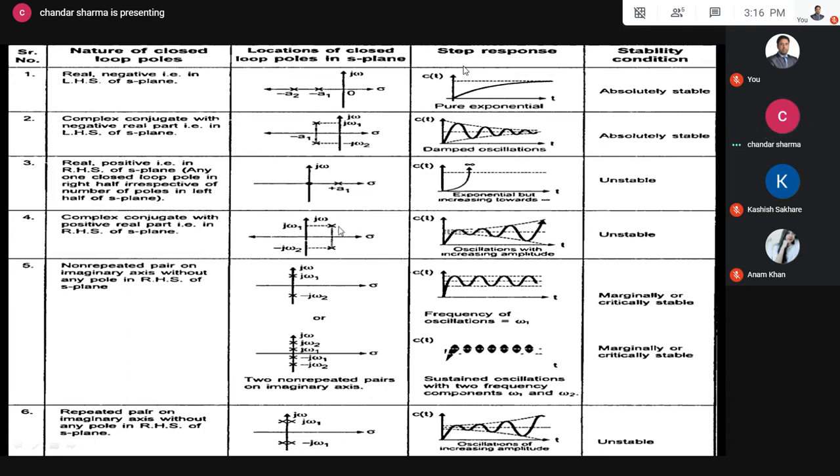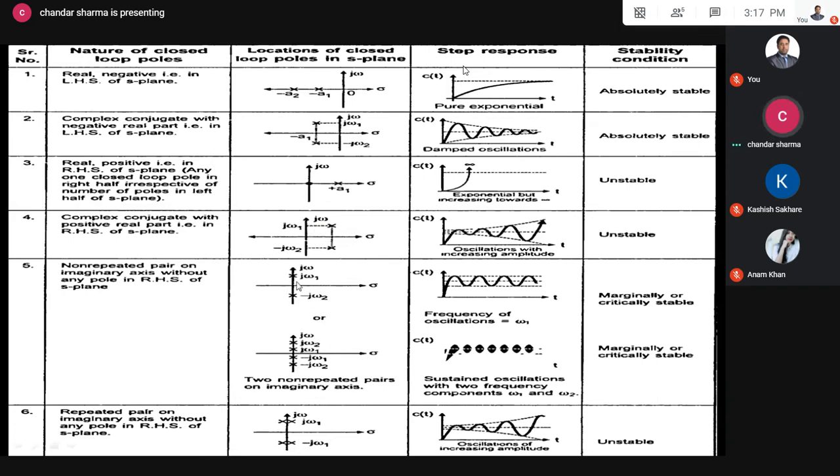If there are complex poles with a positive real part, the system is unstable. When there are multiple roots on the j omega axis, the system is unstable. For non-repeated roots on the j omega axis and other roots on the left half of the S-plane, the system is stable.